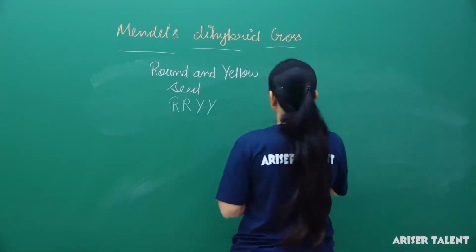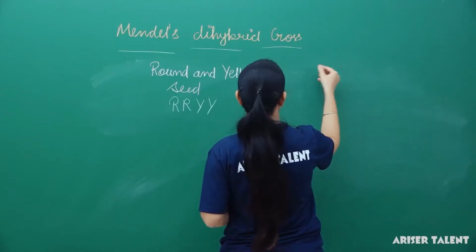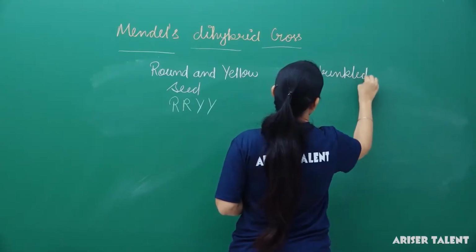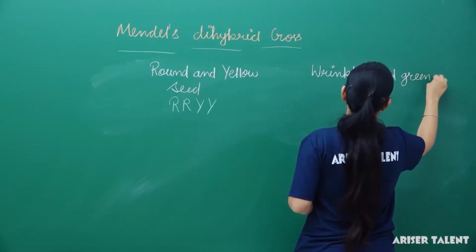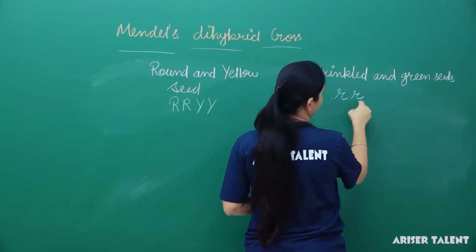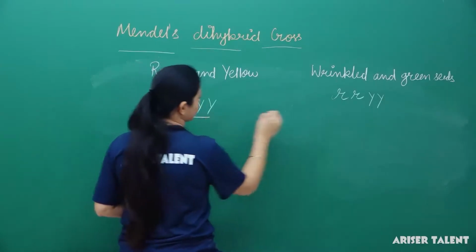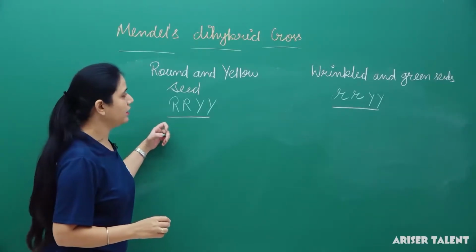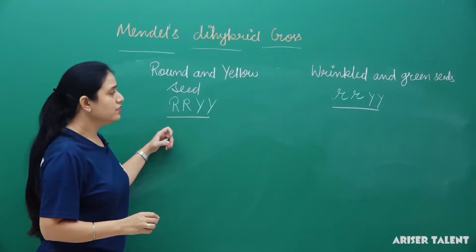The other, which was the recessive variety, was wrinkled and green seeds. Round and yellow seeds were represented by capital R and capital Y, and wrinkled and green seeds were represented by small r and small y.